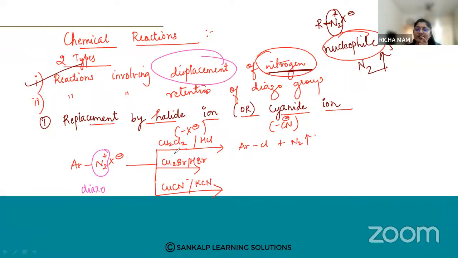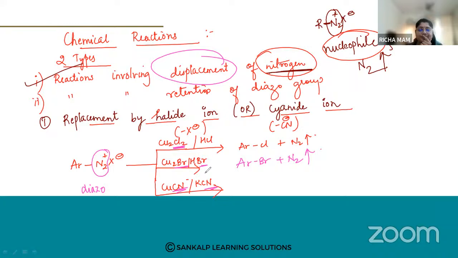Which nucleophile? Either halide, here Cl-, here Br-, and here CN-. Can you tell me the product for the second one? Yes, ArBr plus N2. Very good, so N2 gas is evolved.